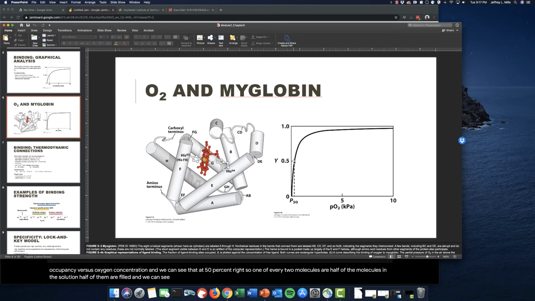And we can see that the KD is actually very, very small. So this is a tight binding protein ligand complex. The protein holds on to oxygen really, really well. And it only takes a little bit of oxygen in solution to fill up that binding site.